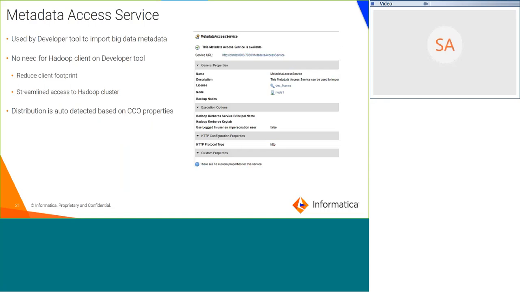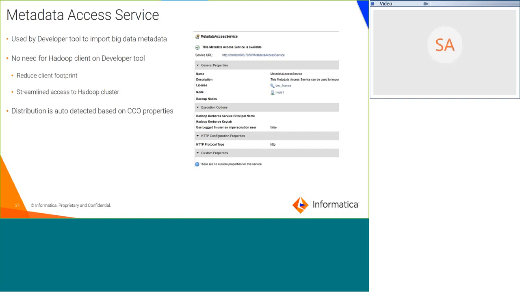So now all the metadata import, where we are importing the Hive metadata or HBase metadata, all of these things will be going through this metadata access service. So this is a new service we have introduced in 10.2.1, and you have to create this service in our admin console. And with that service, all our import functionality will go through this service rather than going directly to the Hadoop cluster.